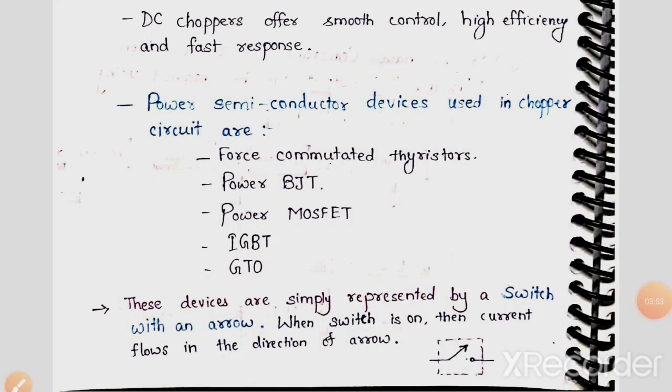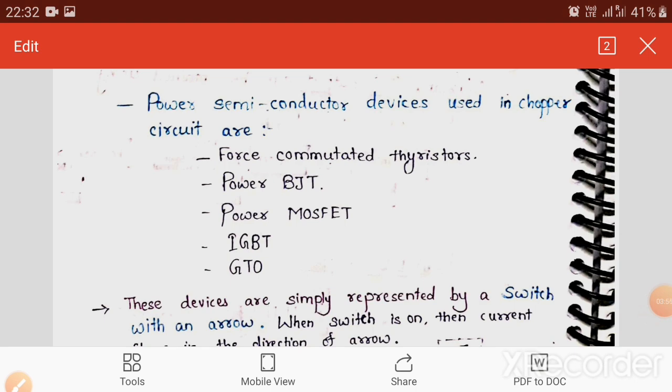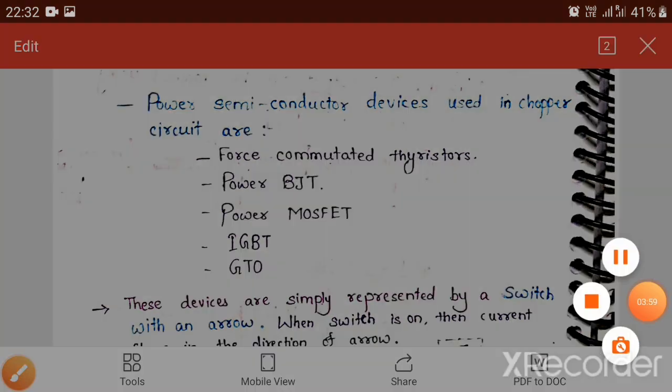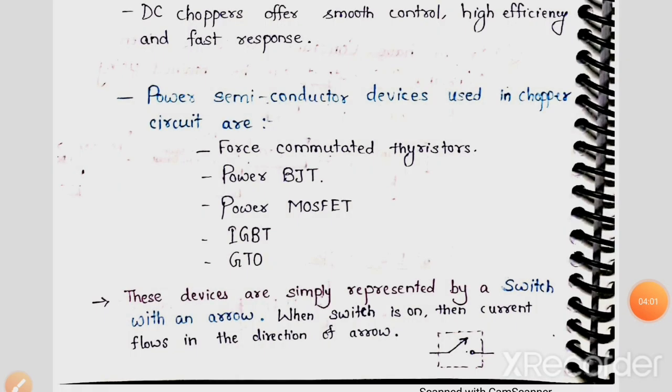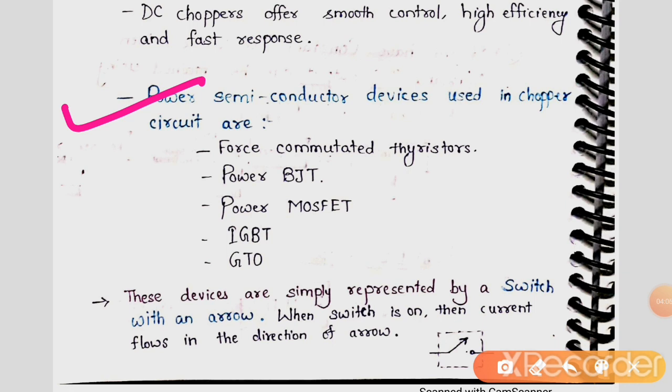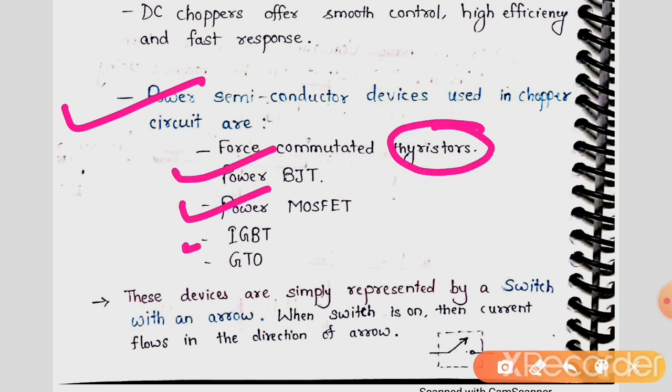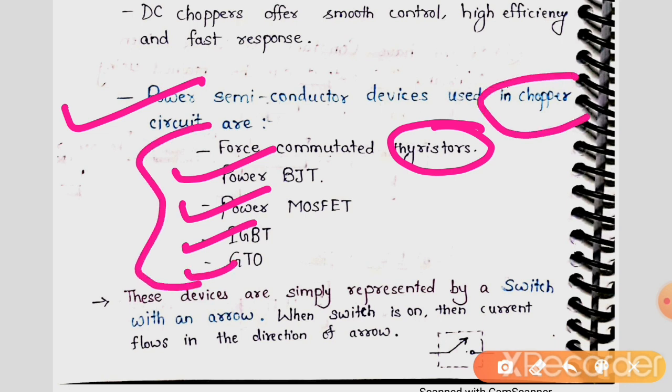In the chopper circuit we can use any switching circuit, that is, any of the semiconductor devices. It can be a thyristor, power BJT, power MOSFET, IGBT or GTO. We can use any of these devices in the chopper circuit.